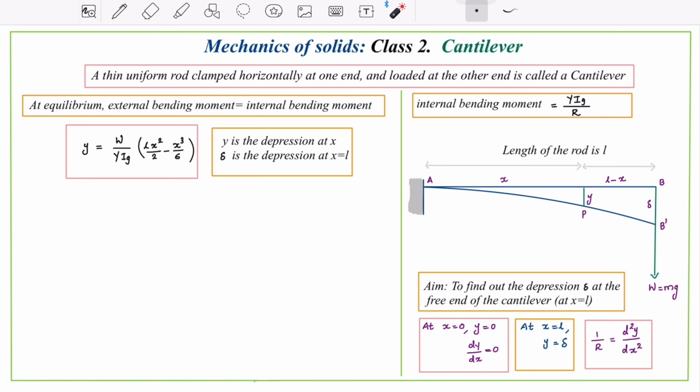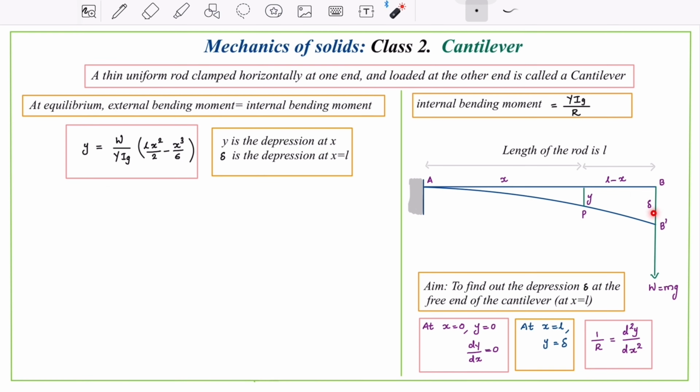What is our aim? We have to find out the depression at x is equal to L. The obtained equation is the depression at x from the fixed end.